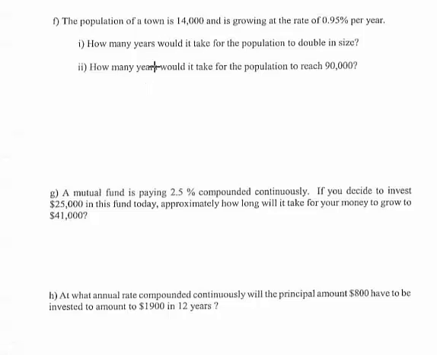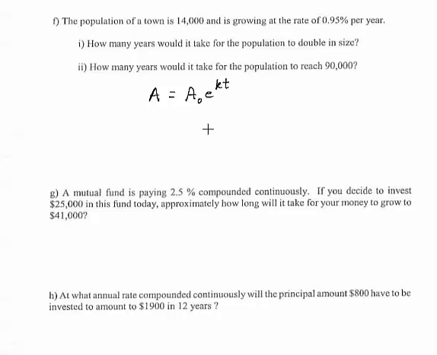Okay, so we're just going to use our continuous growth exponential equation. A, the amount at some later time, equals the initial amount times e to the kt, and here our A is going to represent our population.